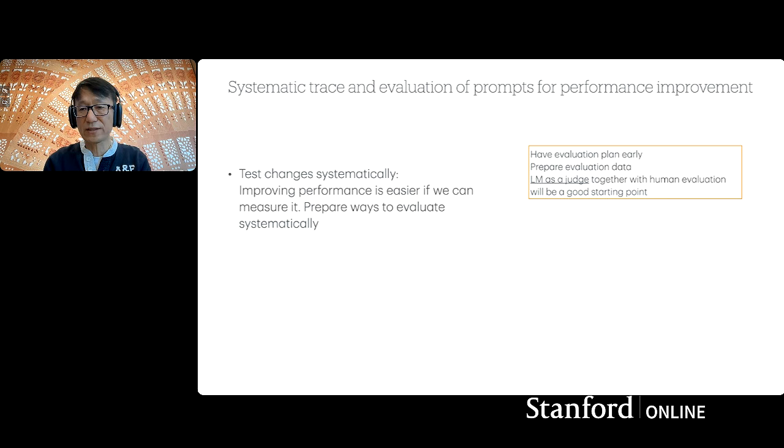It also means that some models are rapidly deprecated, which means you may be forced to change the language model that you are using in your application. So having a good evaluation methodology upfront from the beginning will definitely help.